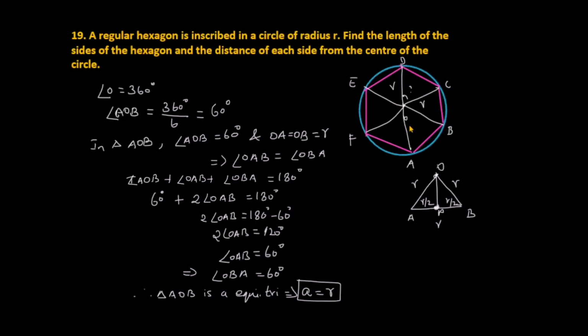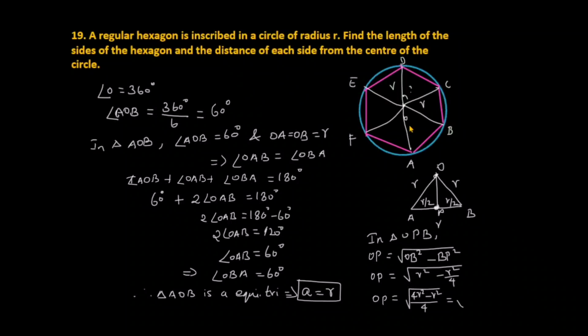So in triangle OPB, to find the length of OP, that is the length from the center to the chord, OP is equal to the square root of OB squared, the hypotenuse squared, minus PB squared, the other side squared. So OP is equal to the square root of r² minus (r/2)², which is r²/4. Taking the LCM, OP is equal to the square root of (4r² − r²)/4, which is the square root of 3r²/4.